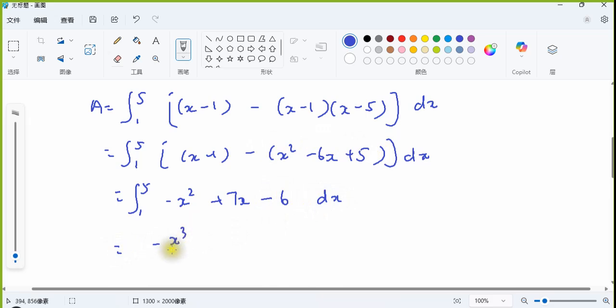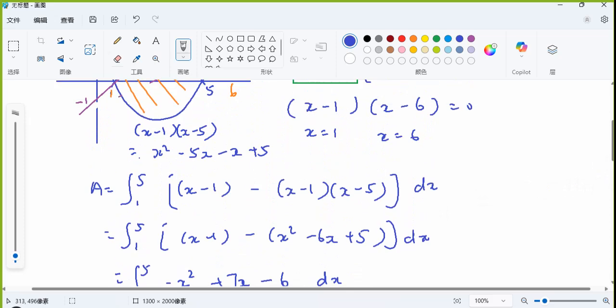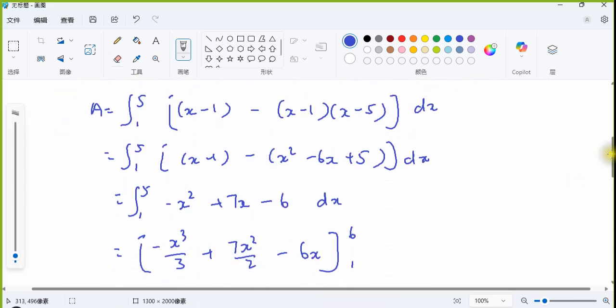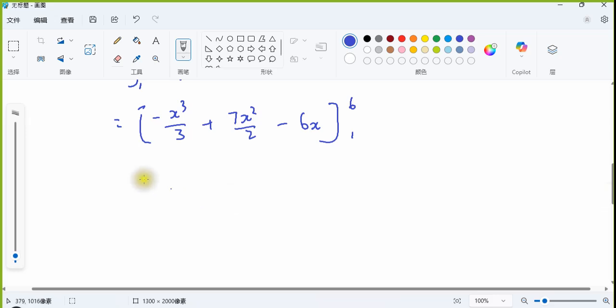So it's negative x cubed over 3 plus 7x squared over 2 minus 6x from 1 until 6, or 1 until 6, not 1 until 5. So this is 1 until 6. So it will be negative 6 cubed over 3 plus 7 times 6 squared over 2 minus 6 times 6.